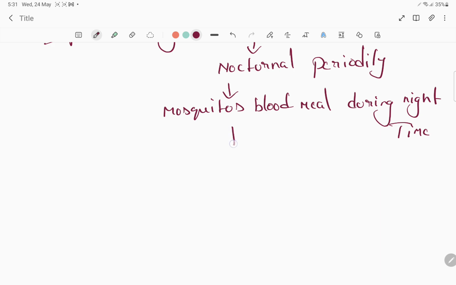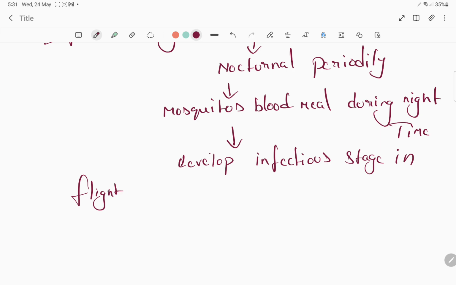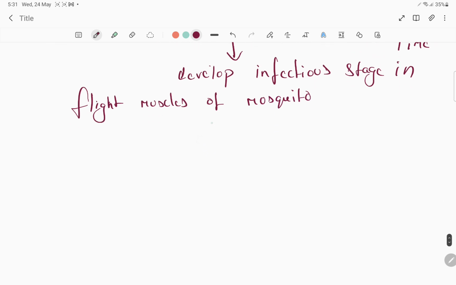So after the mosquito blood meal, the larva develops into the infectious stage in the flight muscles of the mosquito, and later migrates to the mouth parts.